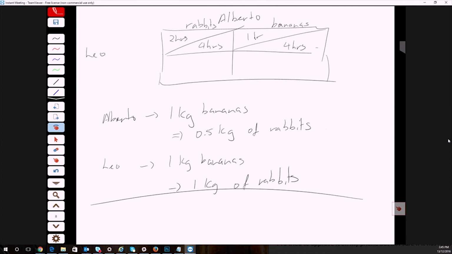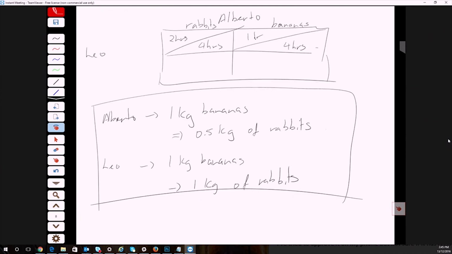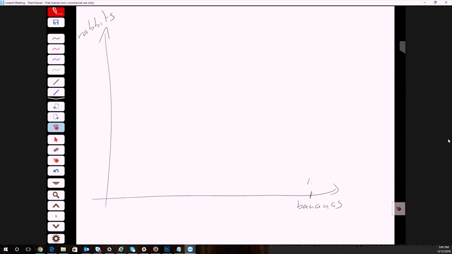So from that, we can then draw the PPC. And whilst we've already drawn it, let's make it very clear. So rabbits, bananas. If there are 16 hours, Alberto will have 16 units of bananas and 8 of rabbits.